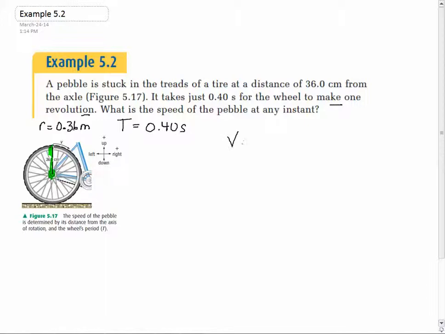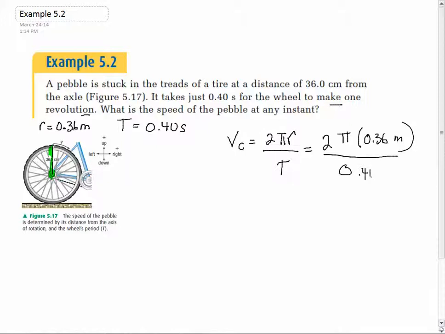So we can calculate the velocity for circular motion using 2 pi r, all divided by the period. So 2 times pi times the radius of 0.36 meters, all divided by 0.40 seconds. Calculate that out, and we come to two significant digits of 5.7 meters per second.